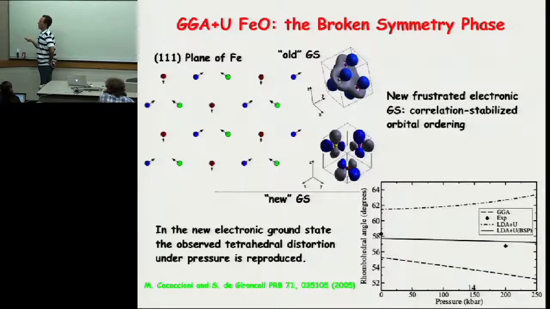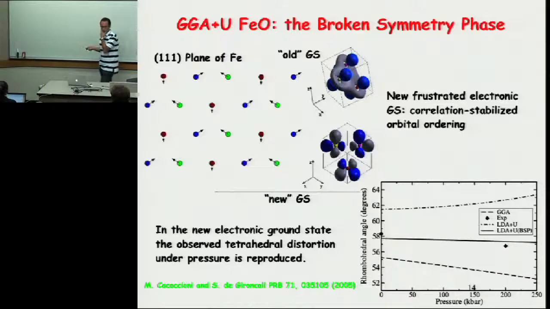We discovered that there is a broken symmetry phase, for example, that is distorted in the 1-1-1 plane of irons, and is able to reproduce in much better agreement with the experiment the rhombohedral distortion of the unit cell as a function of pressure.